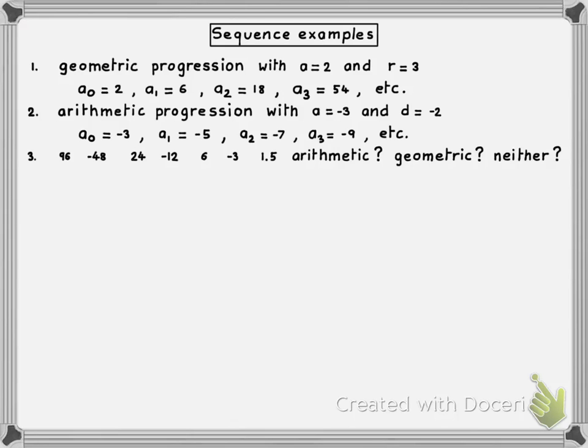So how do we determine if these numbers follow an arithmetic progression? Well, we just need to check if the difference between any 2 consecutive terms is the same. So let's take an easy one. Let's say 6 minus minus 12 is going to be 18. So the difference from here to here is 18.